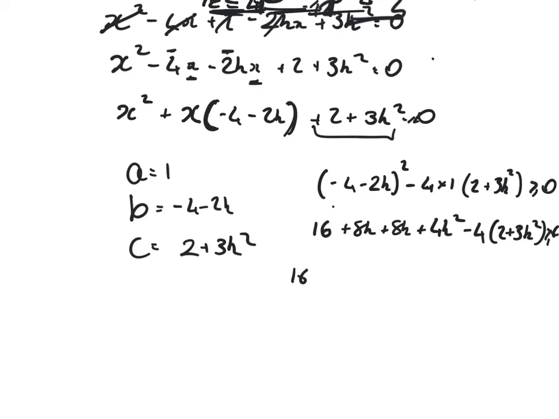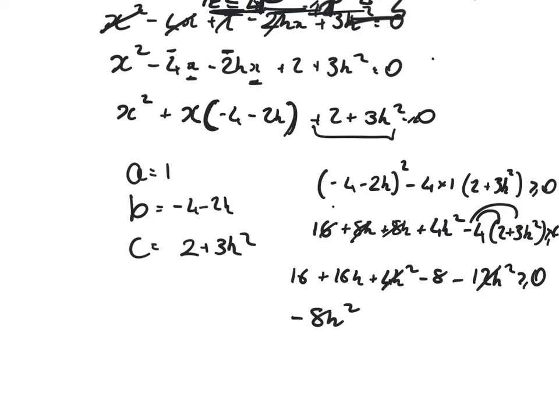So 16 plus 16k plus 4k squared minus 8 minus 12k squared is greater than or equal to 0. Okay, so 4k squared minus 12k squared is minus 8k squared, plus 16k plus 8 is greater than or equal to 0.